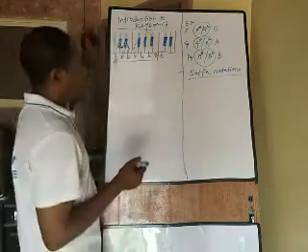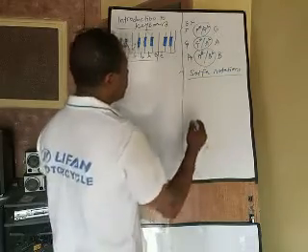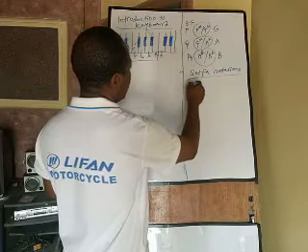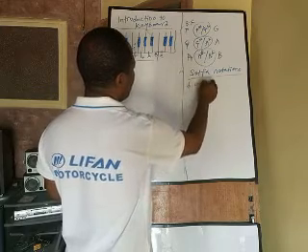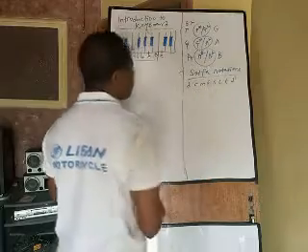You might have heard something like this before: do, re, mi, fa, sol, la, ti, do. We have do, re, mi, fa, sol, la, ti, do.